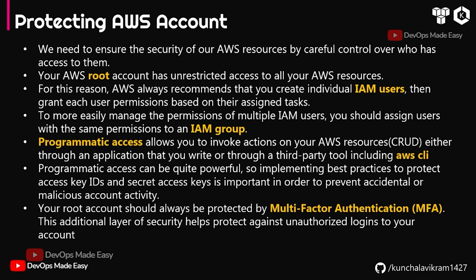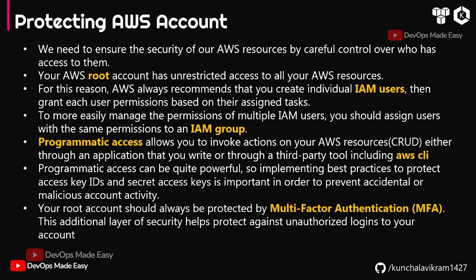Just because programmatic access is just CLI access, it doesn't mean that you cannot do anything with it. In fact, if the root user has programmatic access through the AWS CLI, they can also do anything in your AWS account. And one more thing is, you should always protect your root account with multi-factor authentication.